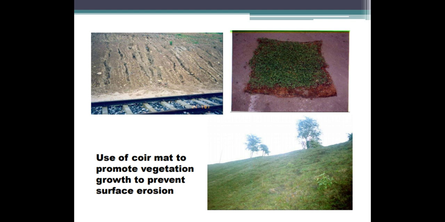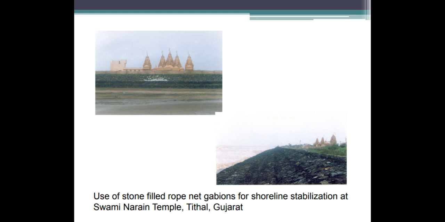The coir mat promotes vegetation growth to prevent surface erosion. It holds moisture for a long time, and as the coir decays it also provides nutrients for the growth of the vegetation, which is a big advantage.